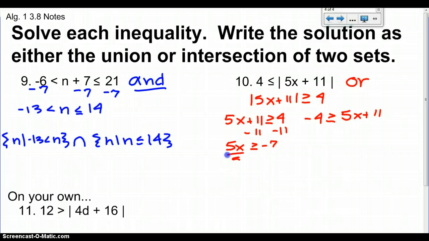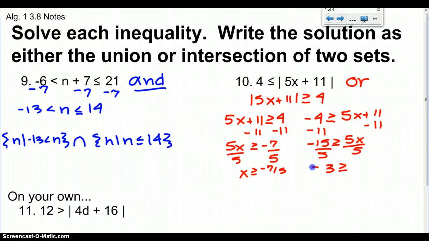Then we divide by 5, and we get x is greater than or equal to negative 7 fifths. And if we solve this one, subtract 11, so we get negative 15 is greater than or equal to 5x. Divide by 5, and we have negative 3 is greater than or equal to x.